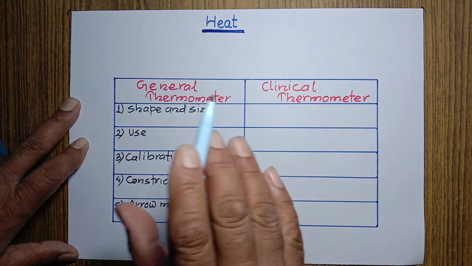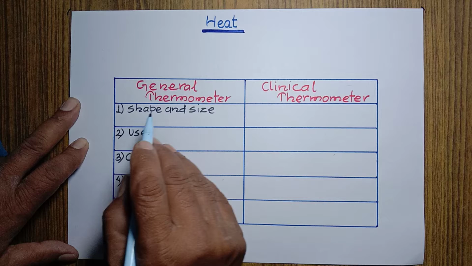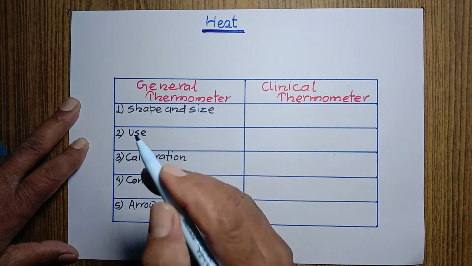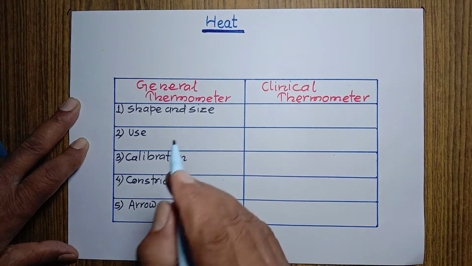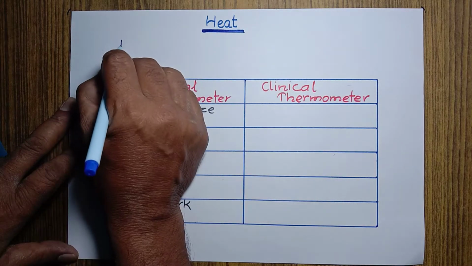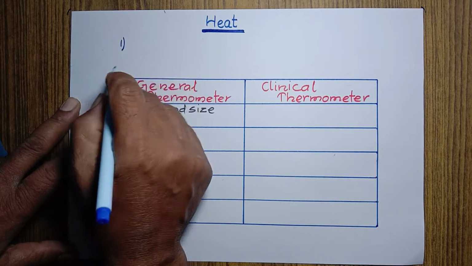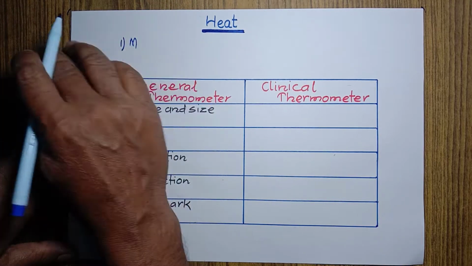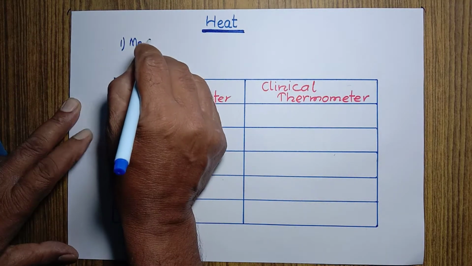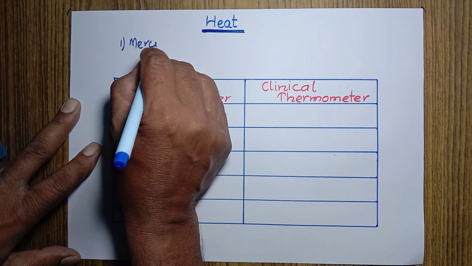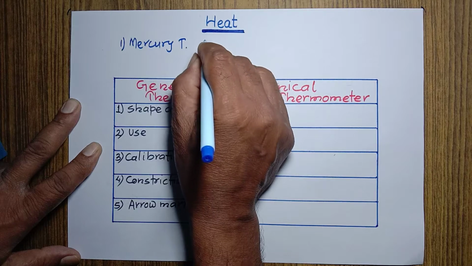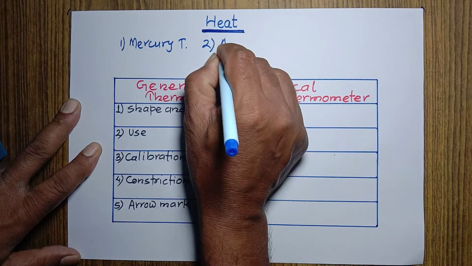But sometimes thermometer is divided into two types according to the thermometric substance used inside the thermometer. They may be mercury, just for example, mercury thermometer, and another one is alcohol thermometer.